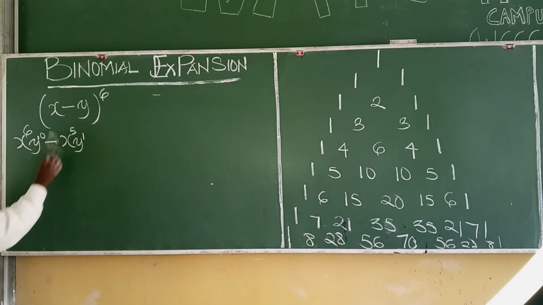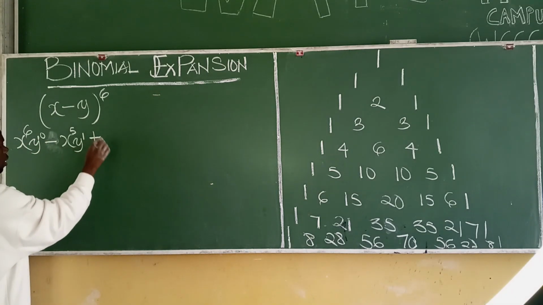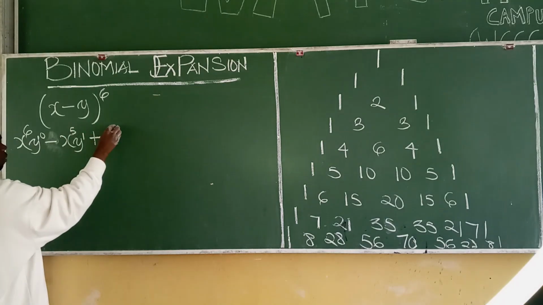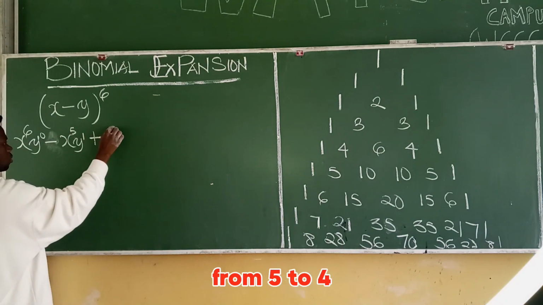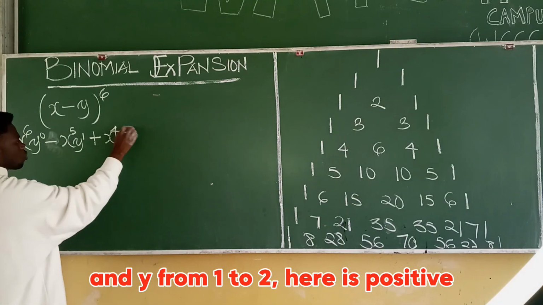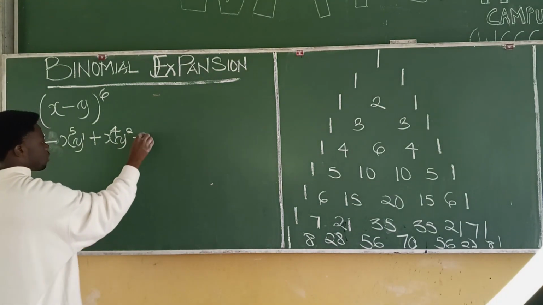I beg your pardon, this is minus. Positive, negative, then positive, another will be negative. So x from 5 to 4 and y from 1 to 2. Here is positive, here will be negative.